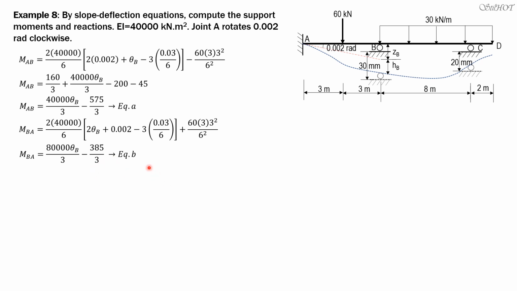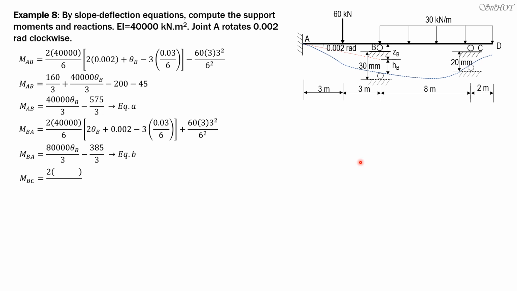Call this equation B. For moment BC, B is lower than C by 10 mm, and the rotation of the imaginary chord is counterclockwise. So the delta would be negative in the slope deflection equation. Delta is treated negative, negative 0.01 meter or 10 mm, over L, which is 8.